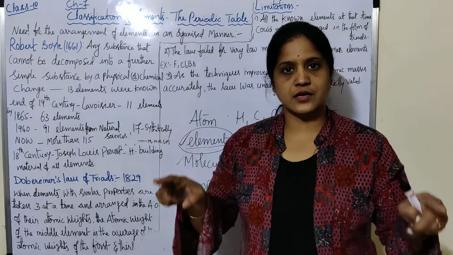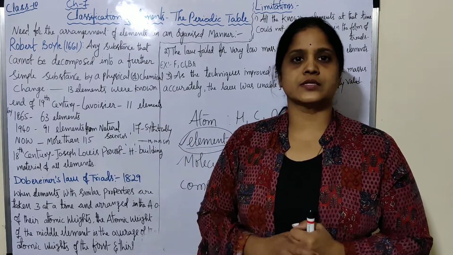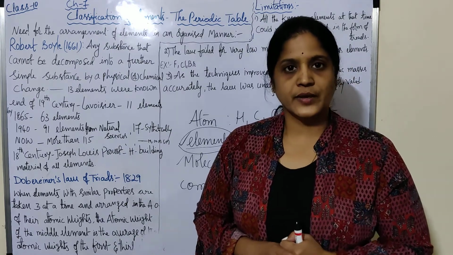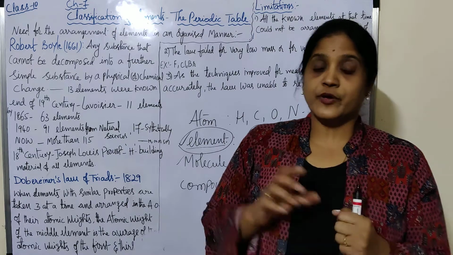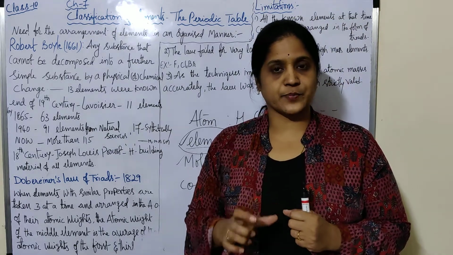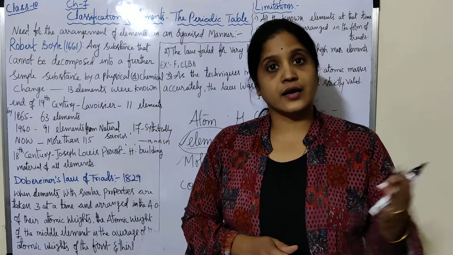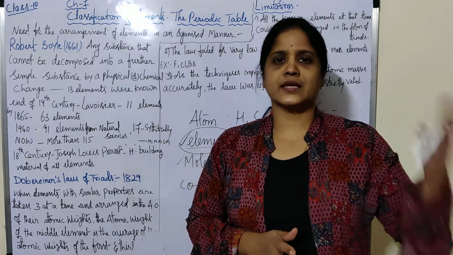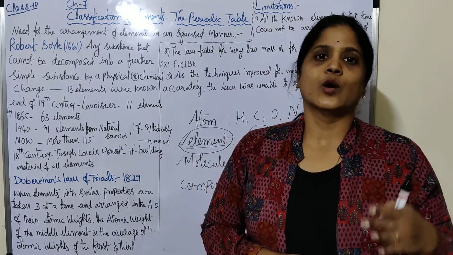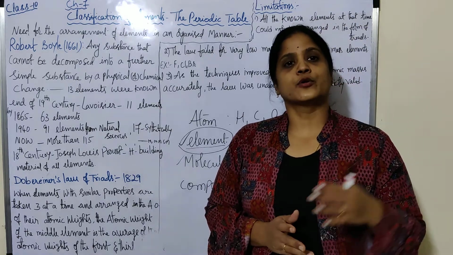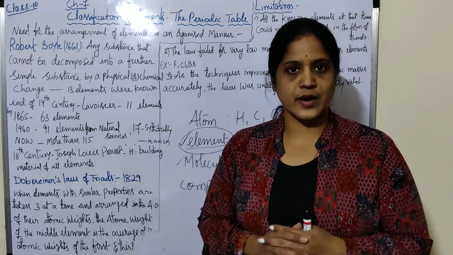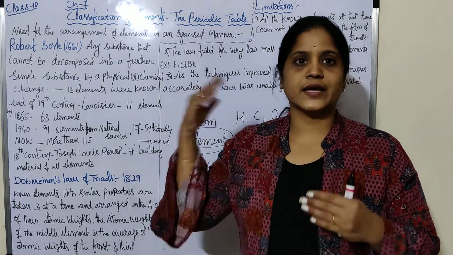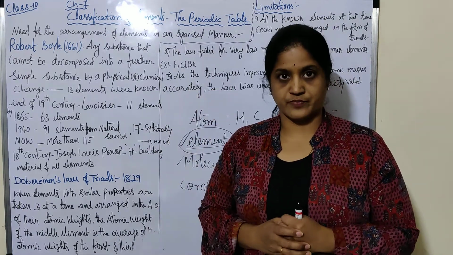That table is known as the periodic table. Before the periodic table was arranged, from the 17th to 19th century, many scientists worked hard to arrange all these elements in a systematic way.